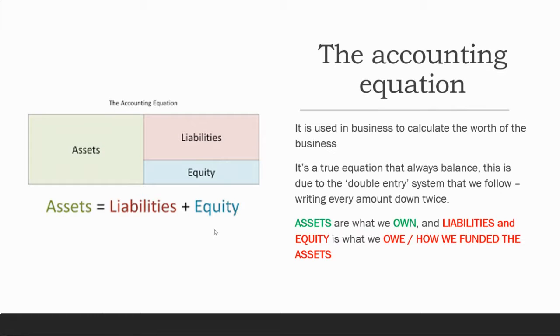This is one of the main equations you will see, because this is also how we structure our financial statements. We list all the assets on one side of the financial statement or one category, and liabilities and equities is added together. In your textbook, however, we do have variations of this accounting equation, and you guys need to know what the variations look like.